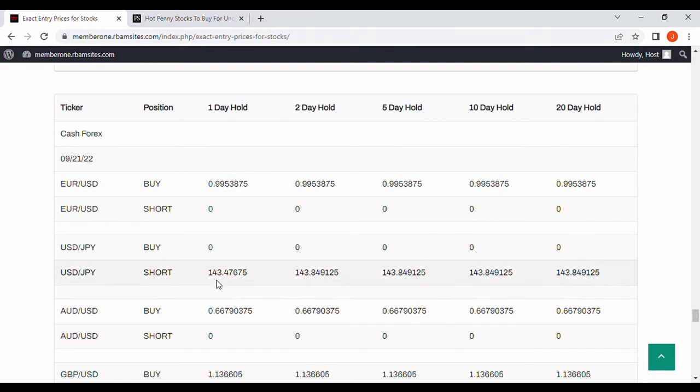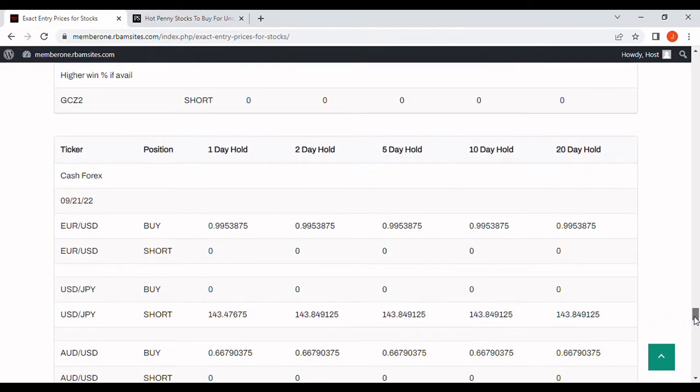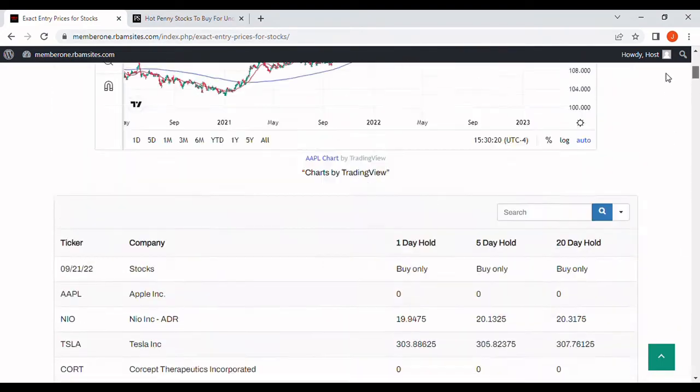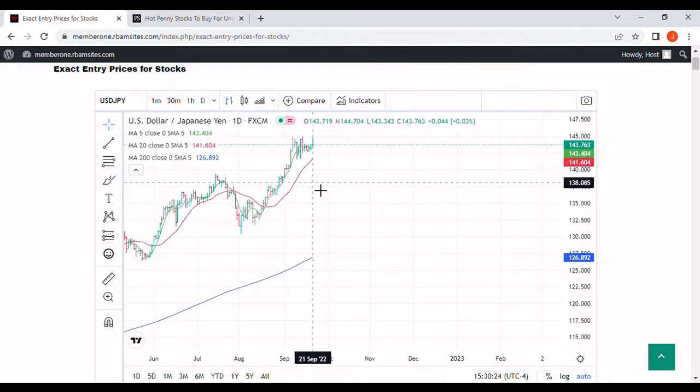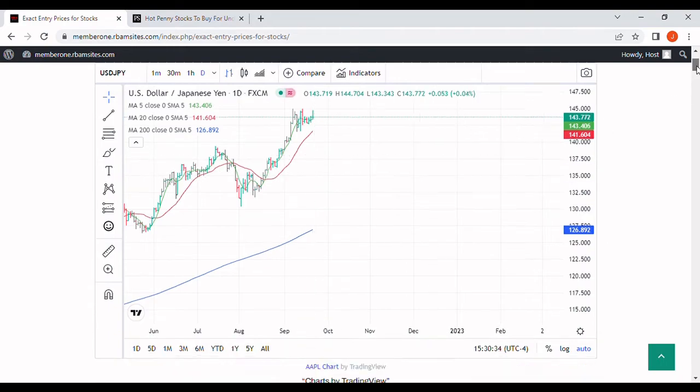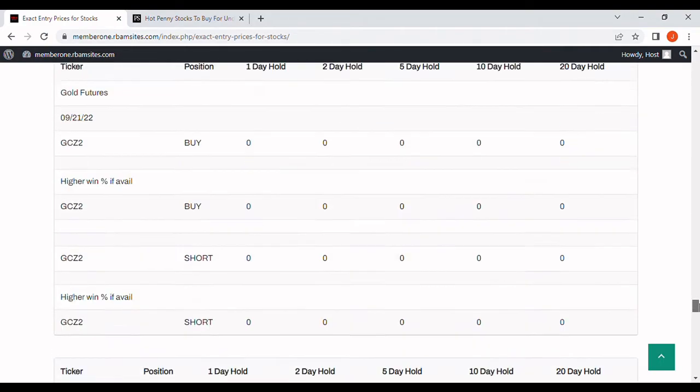So let's take a look real quick. This is showing 143.47 and 143.84. Let's see if it's traded through these for short positions. 143.47. 144 and 143.47. So it looks like there are very few pips to be made down there, but you might have made some money in the longer term trades.